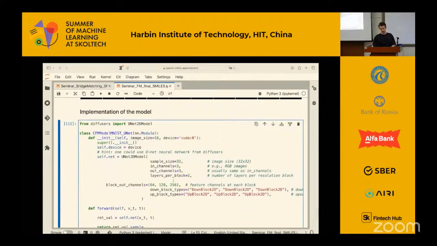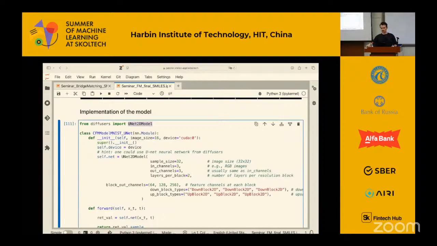Here we do actually need a time encoding, which is usually positional encoding plus some MLP on top. And here we import the neural network from the diffusers library, which is actually pretty good. This UNet 2D model from the diffusers library is pretty good.